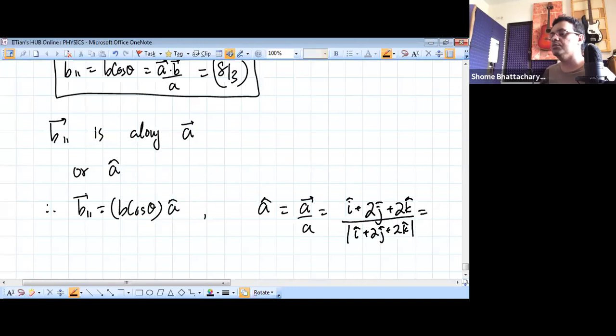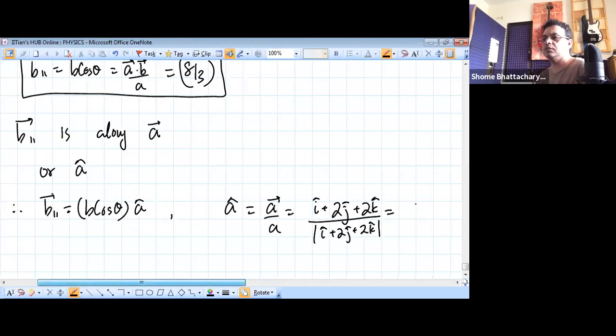So this here becomes i cap plus 2j cap plus 2k cap divided by 3. This unit vector becomes vector A divided by its own magnitude, which was 3.